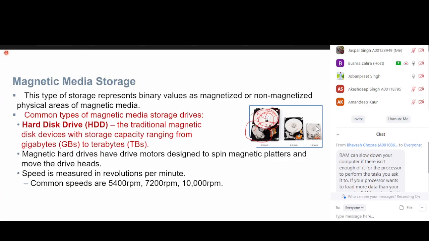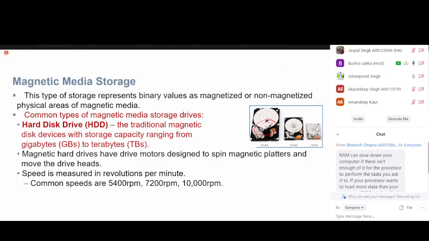The speed of rotation is 5,400 rotations per minute, or 7,200, or 10,000. Rotations per minute means how fast this rotates. The hard disk doesn't rotate; it's the read-write head which basically moves, and there are motors, which move the read-write head from one track to another.